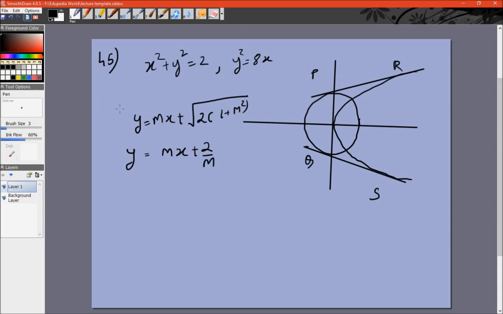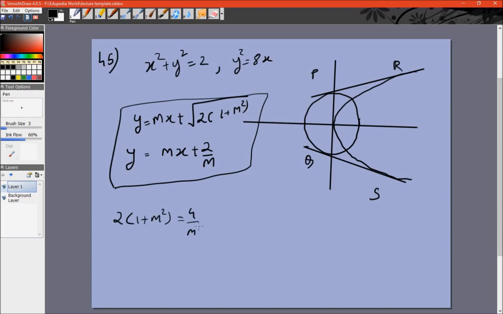We are given that these two are exactly the same. Obviously there are two values of m, but for a particular value of m, these two are the same tangent, which means 2 times 1 plus m squared is equal to 2 by m whole squared, or 4 by m squared. Which means m squared times 1 plus m squared, or m to the power 4 plus m squared, is equal to 2.